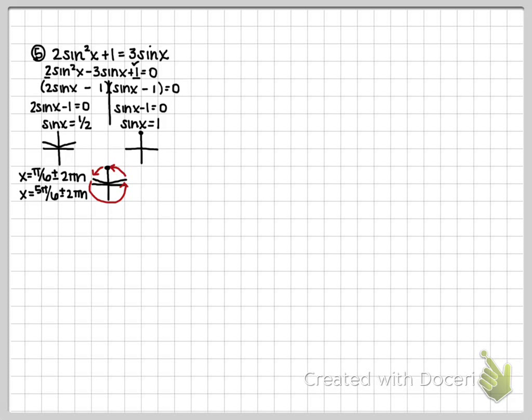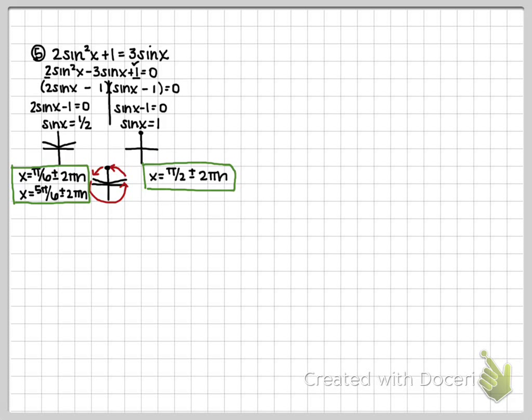And this one on the right-hand side is going to give me x is equal to pi over 2 plus or minus 2 pi n, since there was no consistent distance. So in this case, I'm going to have to give 3 separate answers to guarantee that I have all of them covered: the 2 on the left in green and the one here on the right in green.